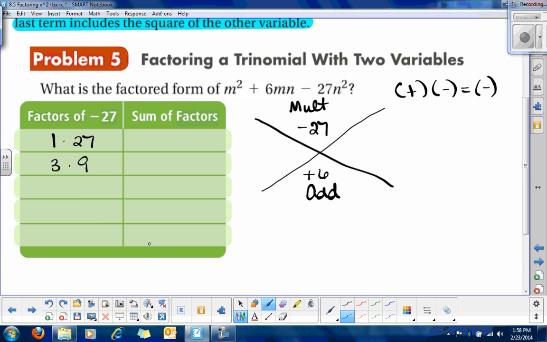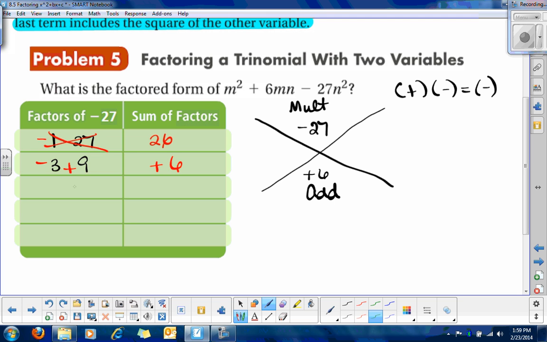Okay, so which one of these, when I add them, will give me a positive 6? Well, let's see, if I add those, and keep them both positive. Let's make negative and negative. So this is going to be positive 26. Nope, that's not it. Here, negative 3, positive 9. When we add it, what are we going to get? Positive 6. There it is. We lucked out. We got it on the first try.